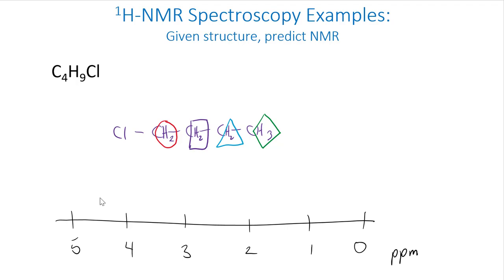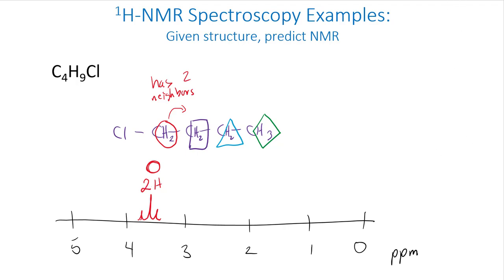And so we're going to see that signal in this range. Now notice that that CH2 group has 2 neighbors, and therefore is going to be a triplet. So we'll see a triplet, and the integration ratio, of course, is going to represent 2 hydrogens.